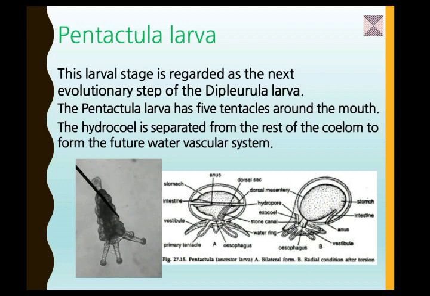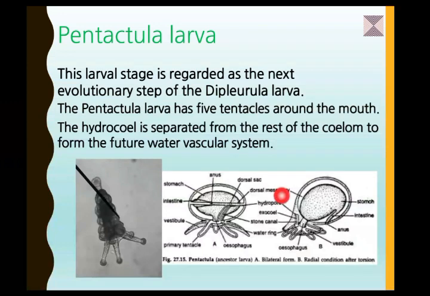So, if you see, this is the esophagus. We have a well-defined anus. We have an intestine. We have a stomach. We have an anus. Then we have a dorsal mesentery, which is present on the dorsal side.